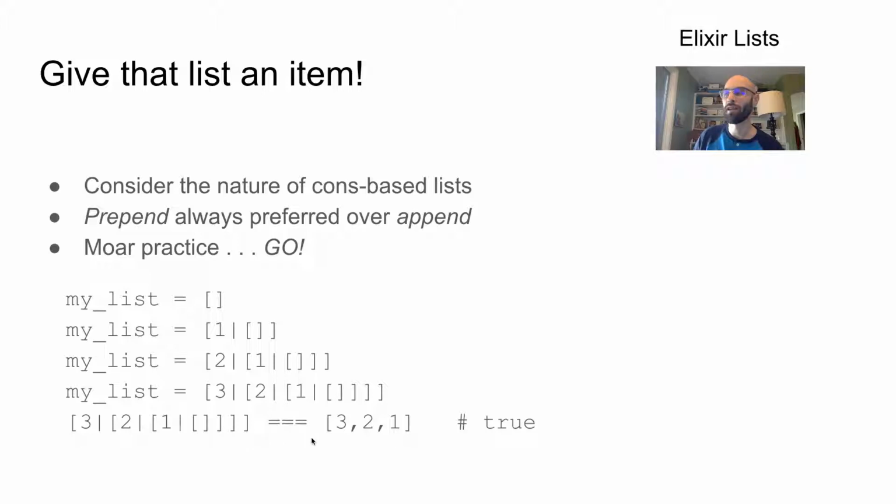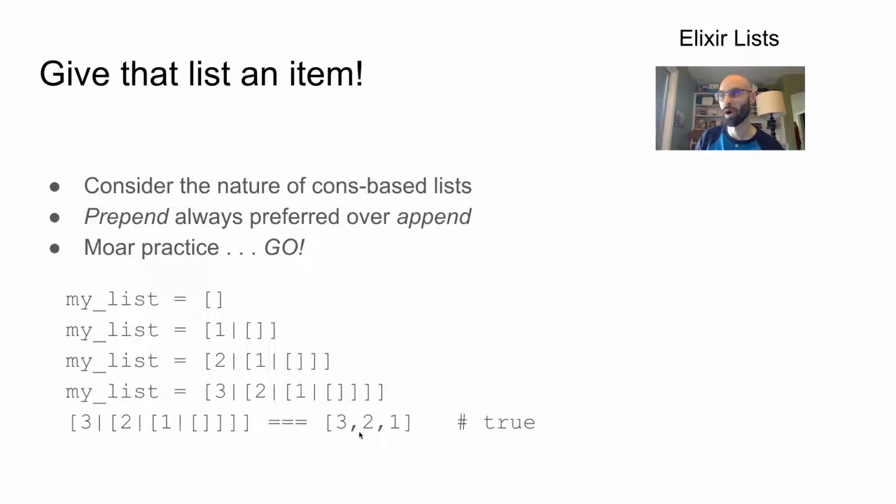However, if we look at the final line here, these symbols here end up being exactly equal to these here. This comma ends up being what we call syntactic sugar in Erlang, which replaces the need for the cons operator and the wrapping of the list within the list. 3 pipe list 2 pipe list 1 pipe empty list can be written as simply list 3 comma 2 comma 1.